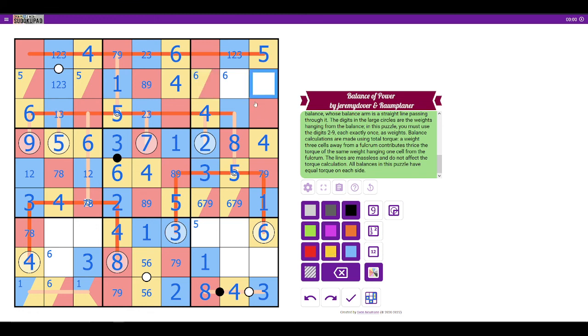That could be a 2. Or that could be... That's a 7-9 as well, because this sees 8. That's seeing 8, which means that has to be the 8. That's a 7.